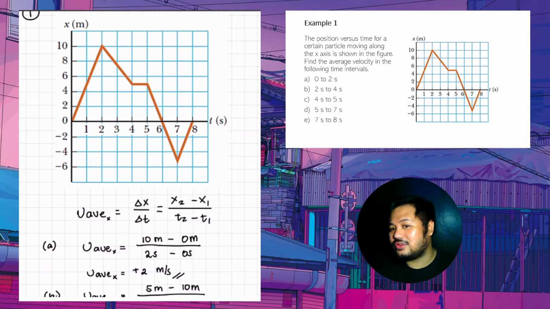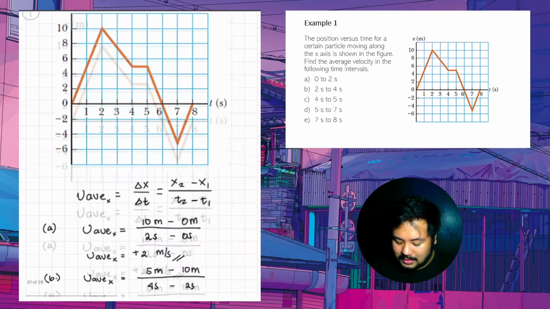Letter B: the average velocity for the time interval 2 seconds to 4 seconds. What is the slope here? As you can see, it is diagonally down, pointing downwards, so we expect a negative value. This will become your x2 and this will become your x1 with corresponding t2 and t1.